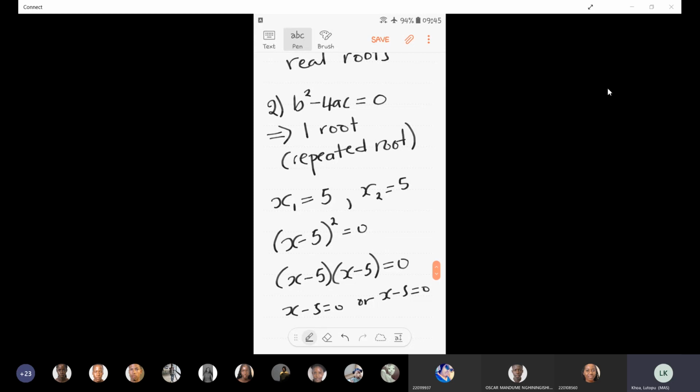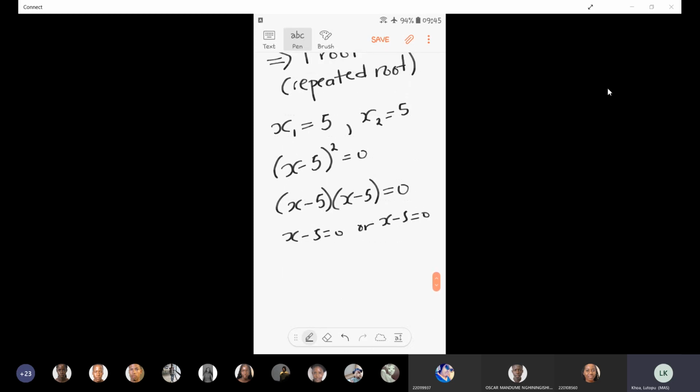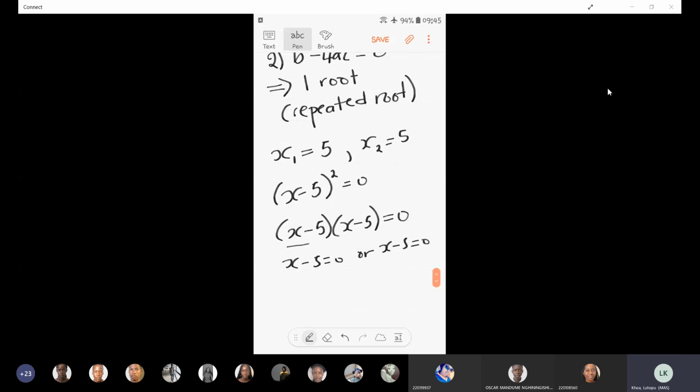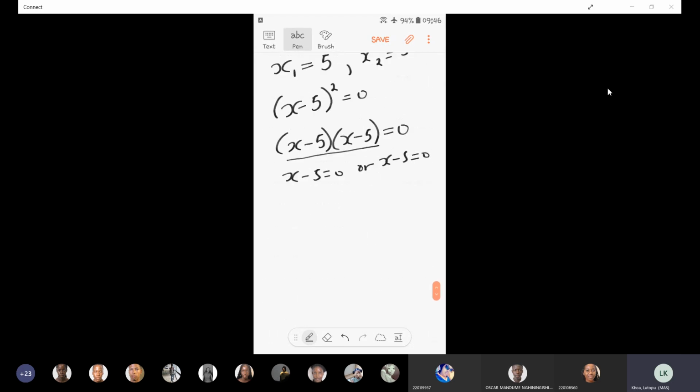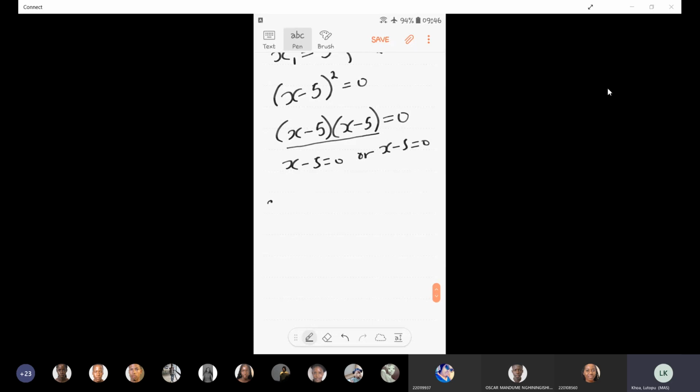So I will get x is equal to 5 from both equations, right? So if I were to expand this, you will notice that my discriminant is equal to 0. So when your discriminant is equal to 0, there is only one solution, and it is a repeated root, or two repeated roots.